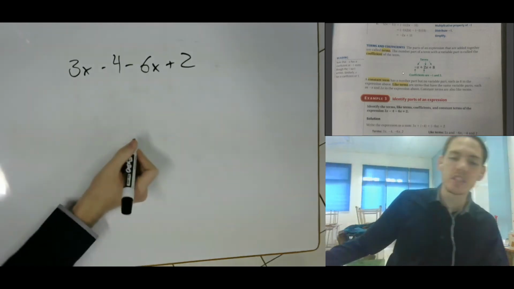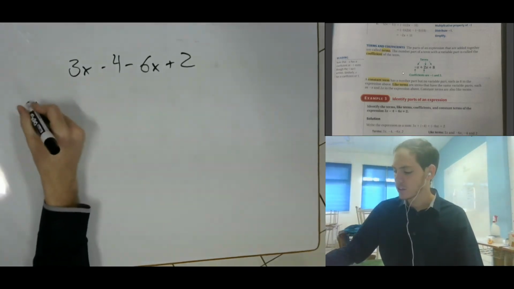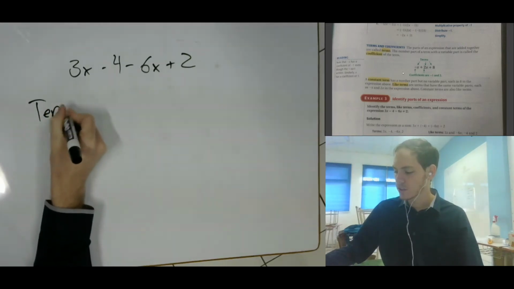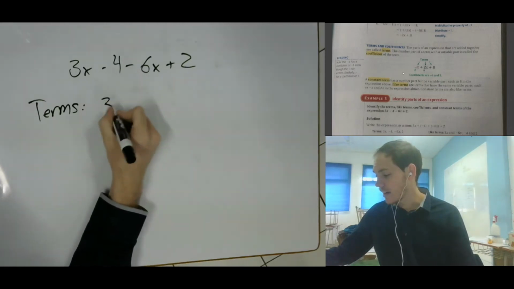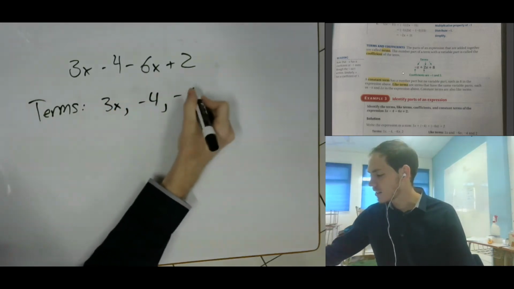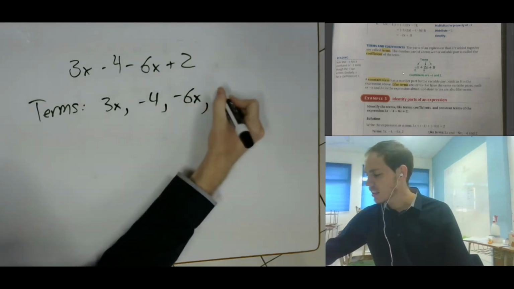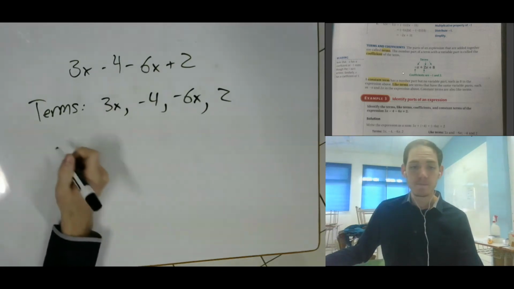Now let's figure out which are our terms. How many terms do we have? Well, what are our terms? Okay, we have 3x, that is correct. Negative 4, that is correct. Negative 6x, that's correct. And 2. So each of these were our terms, okay?